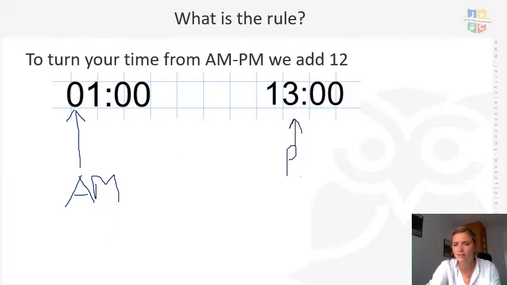Have a think and tell your partner or tell your parents. Well done, it is because this number is past 12, and remember, once it hits 12 o'clock in the midday, it turns to PM. So in order to get from AM to PM, let's try it. Let's add 12. So let's put 12 in our head, count on 1, I will get 13. So we can see that this rule works.